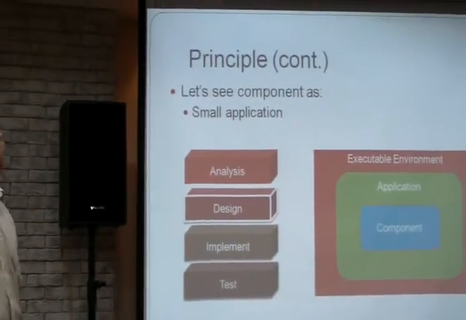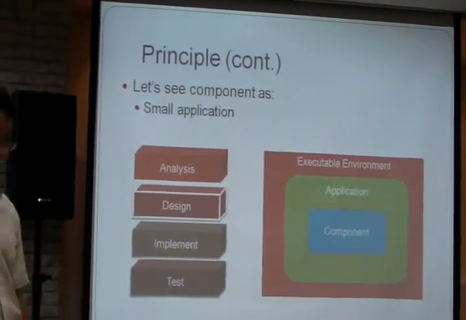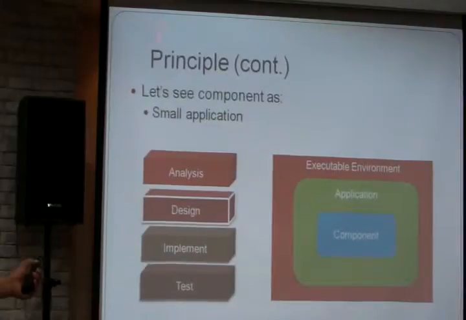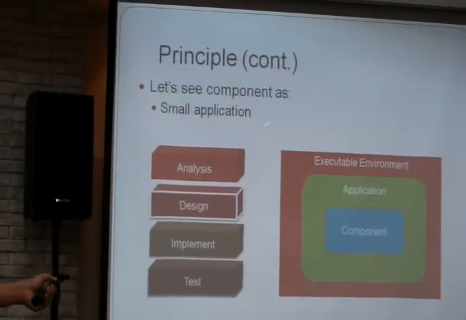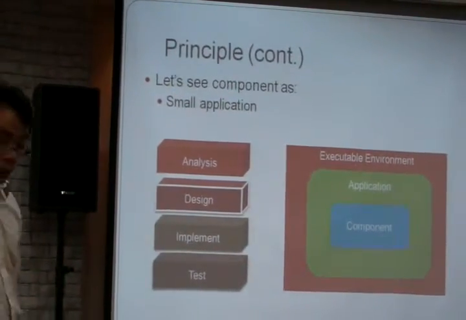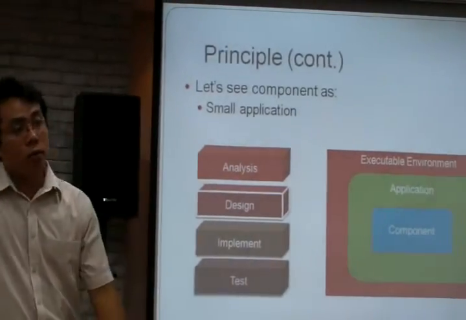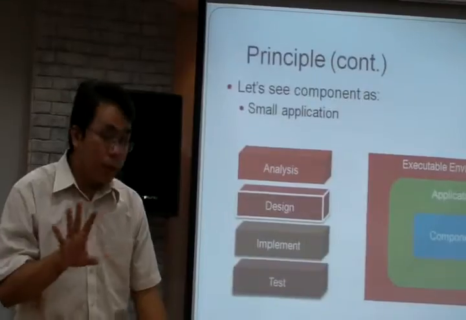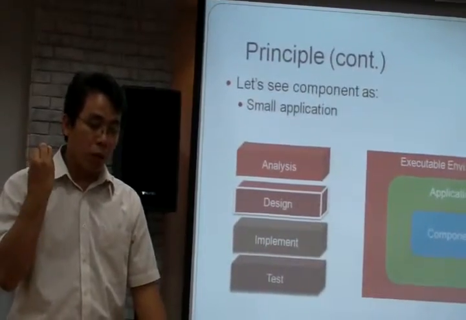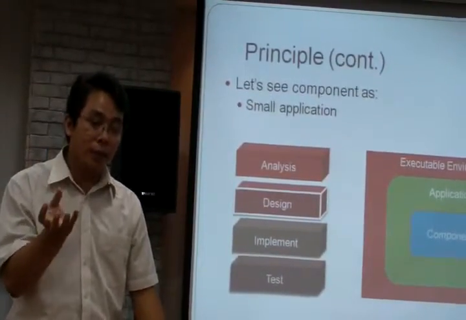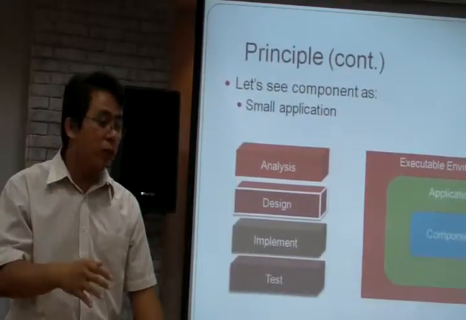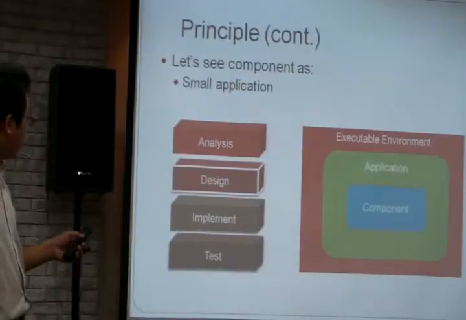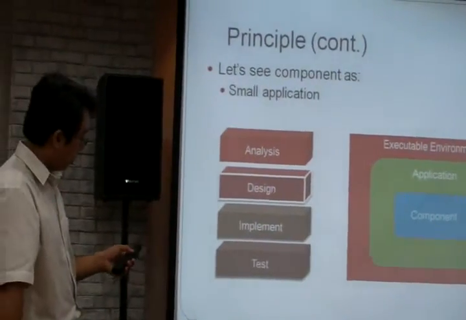The second principle, I talked about already. The second principle is let's see the component as a small application. Why? Because a component is a small application, and you have to develop it in 4 steps like any application.